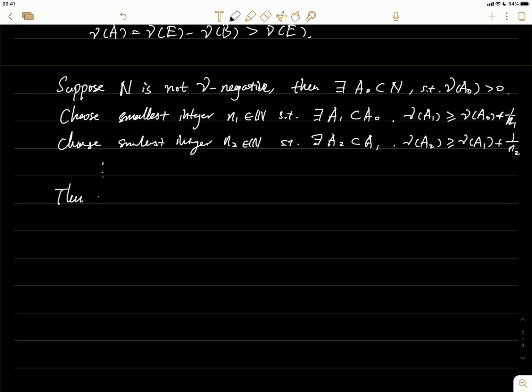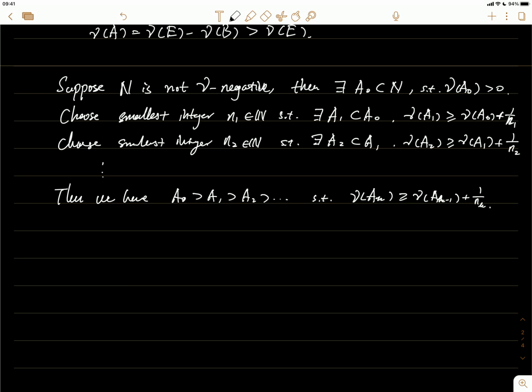Then we will obtain, we have this A0 bigger than A1 and A2, such that the nu of Ak is bigger than nu of Ak minus 1 plus 1 over nk.